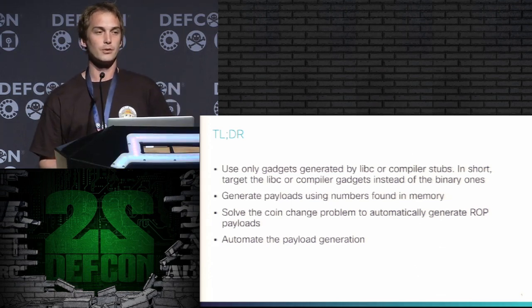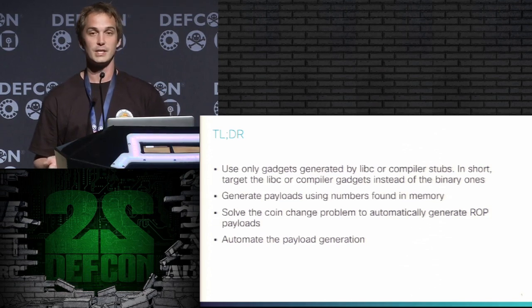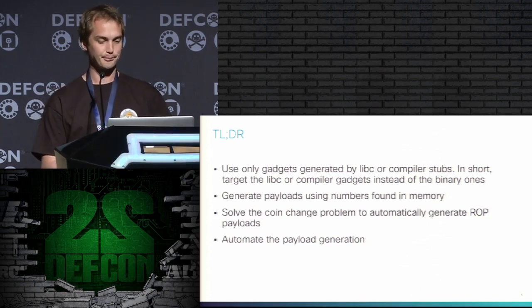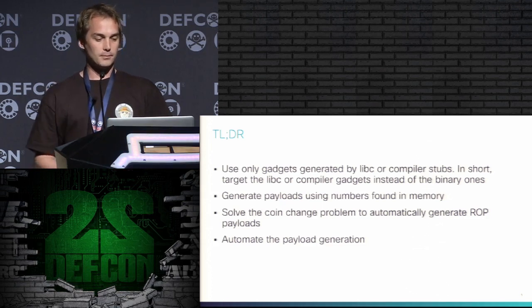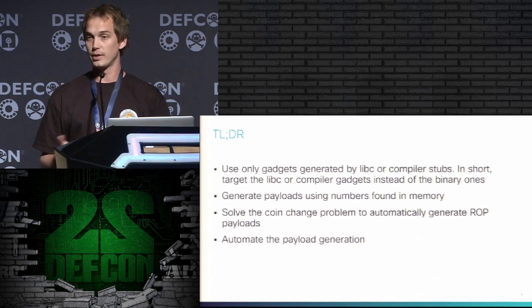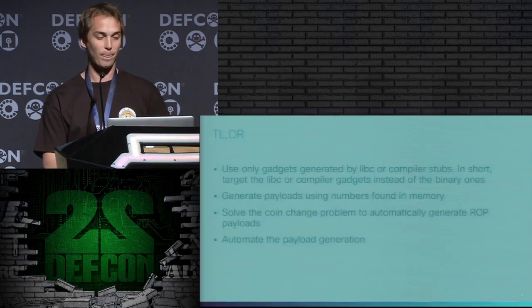So what I wanted to do is take it a level further and abstract it a bit more, and be able to use instructions generated by the compiler or by libc to exploit the vulnerability. And so I'll try and generate the payloads as usual, putting them in memory and using them.